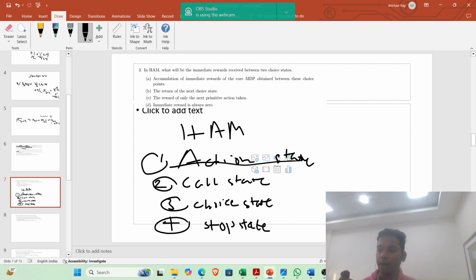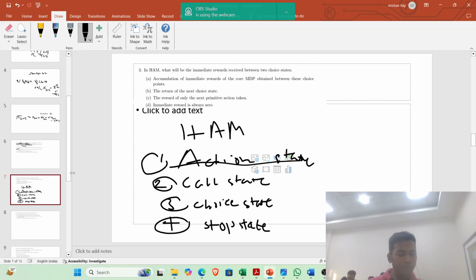So the important action is called that. This preliminary action comes from the concept of options, and it is part of hierarchical RL.